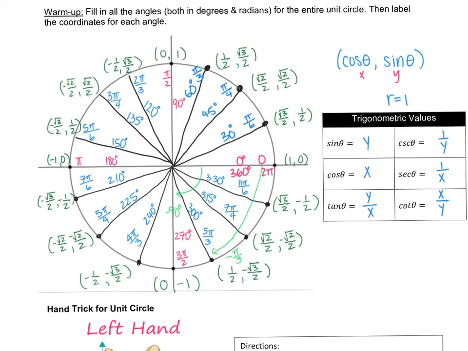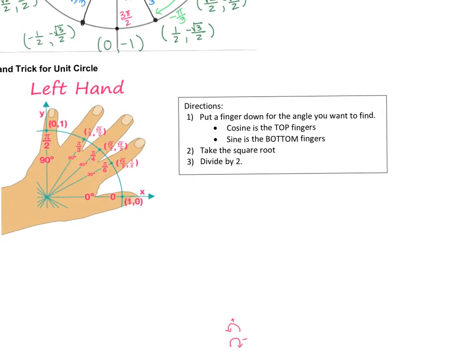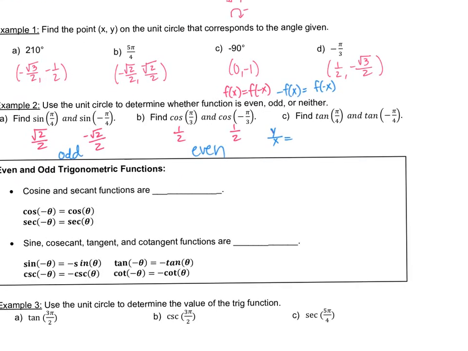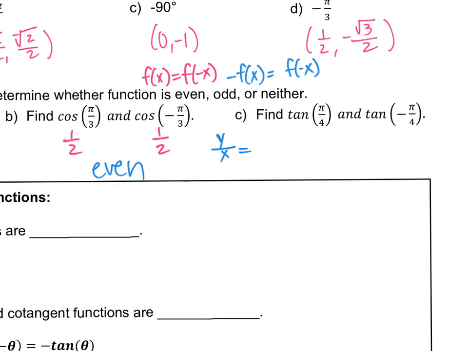My y value at pi over 4 is square root of 2 over 2, and my x value is the same value. So if I take both of those values and find y over x, that's going to be root 2 over 2 over root 2 over 2. And we learned that if the two numbers are the same and you're putting them on top of each other, you're just going to get 1 when you divide. So if you take a number and divide it by the same number, it's always 1. So in this case, my tangent gives me 1 when it's pi over 4.